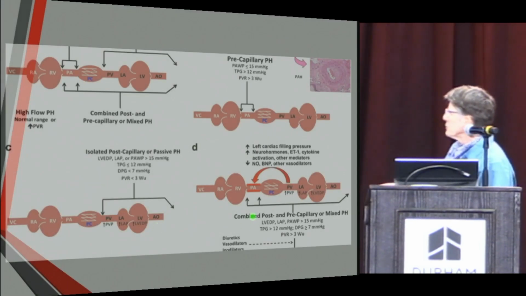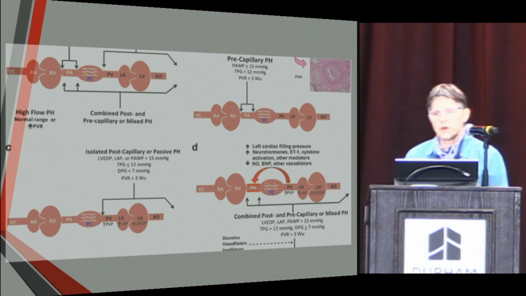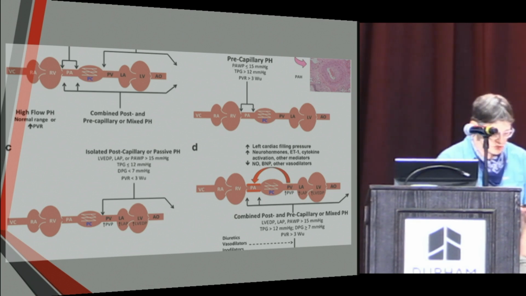This photo here. So another way of looking at this, right? Our RA, RV, and then our PAs, pulmonary arterioles, are where the disease is in pre-capillary, right? And post-capillary, there are problems with the left heart creating this. As changes happen in these venules, that pushes back into the PA, but more than that, it can then also cause actual physiologic changes there.